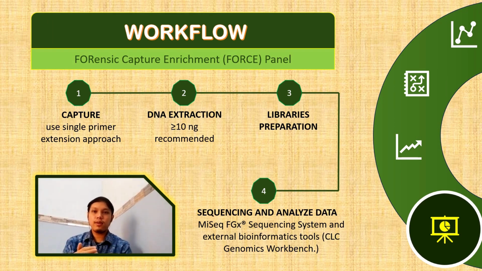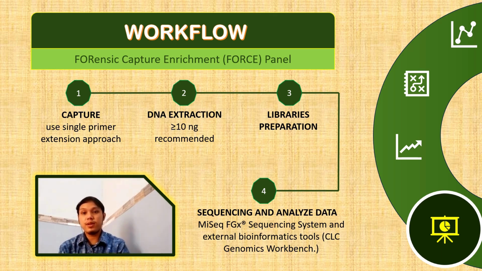Next, the workflow of the forensic capture enrichment panel. The first step is capture. The system uses a single primer extension approach with hybridization capture to specifically target the SNPs. Next, DNA extraction, where the DNA also is extracted, accurately quantified, and diluted to meet the required input amount, with at least 10 nanograms recommended.